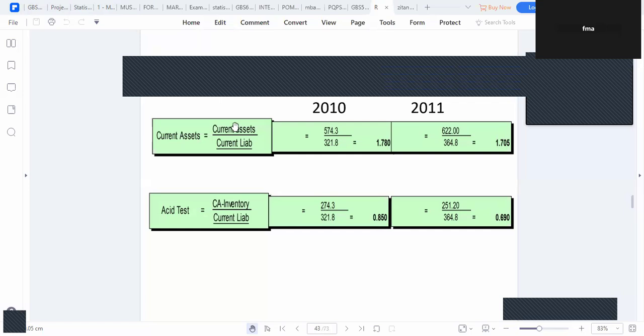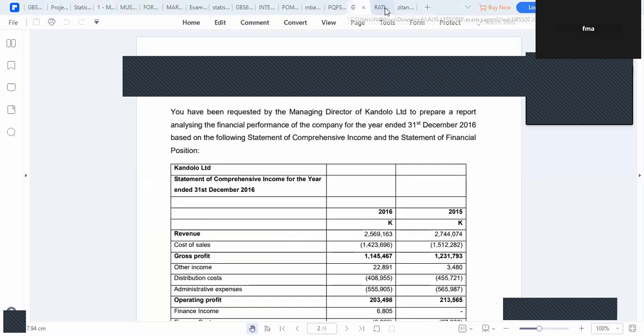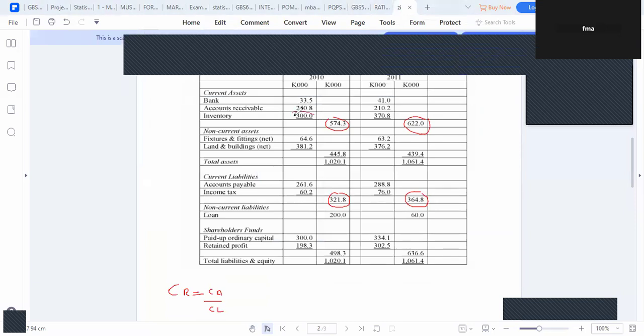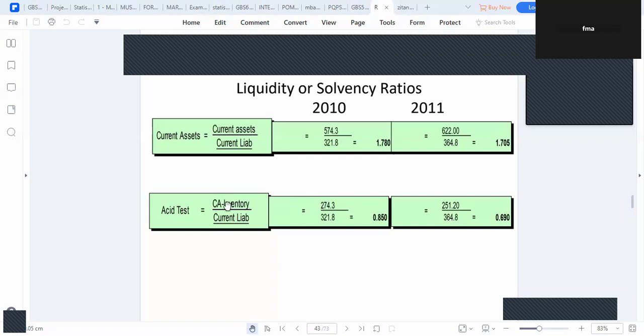Then what's the difference with the acid test ratio? We remove the component of stock. So we get the same total, but we remove inventory from this figure. We subtract 500 minus 300, 600 minus 370, then divide by the same current liabilities. So the 500 minus 300 gives 274 over the same current liabilities.